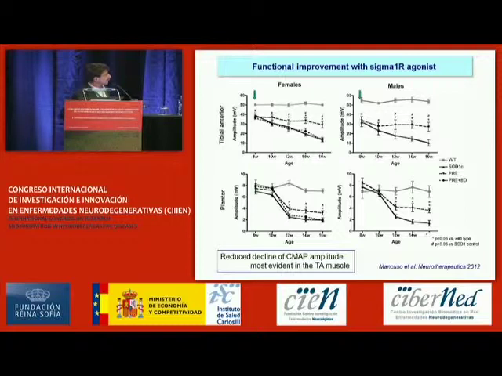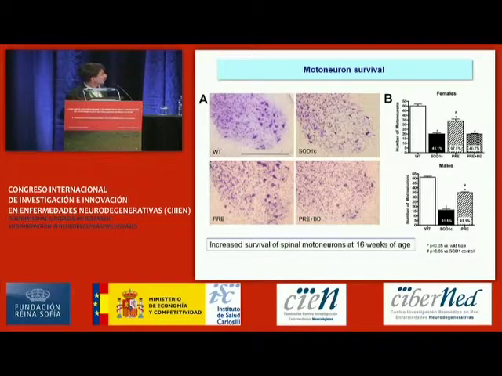The decline in the control animals was clearly prevented in the treated animals, whereas treatment with PRE plus the antagonist really eliminated the positive effects. This effect was present not only in female mice, but also in males that usually show a slightly worse progression of the disease. So from a functional point of view, they were much better, and the rotor rod test also indicated that they were prolonging the capacity for locomotion.